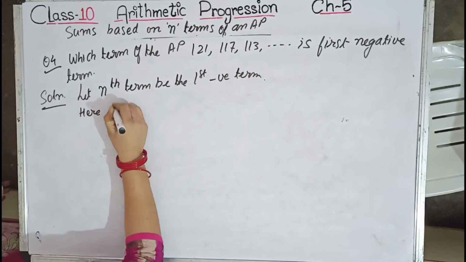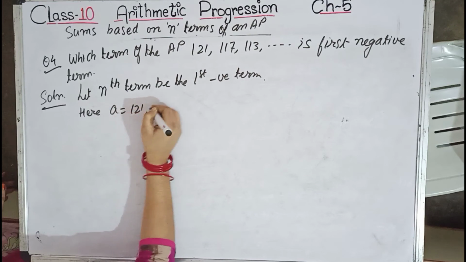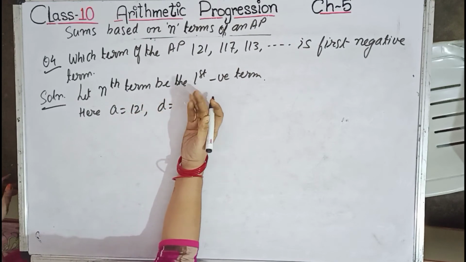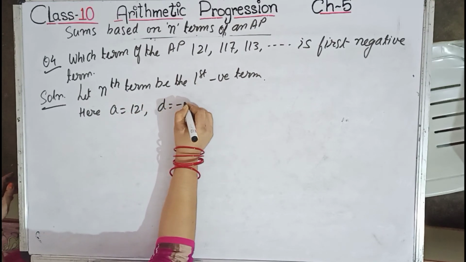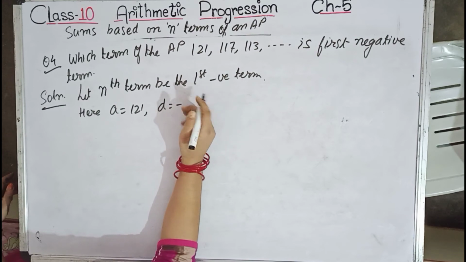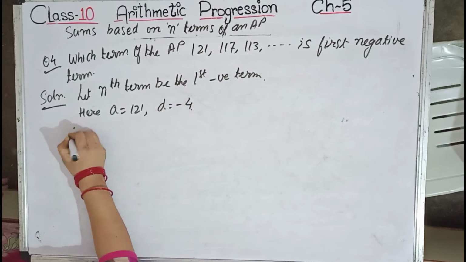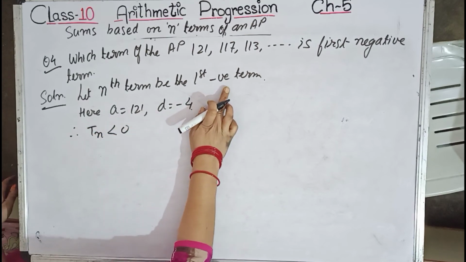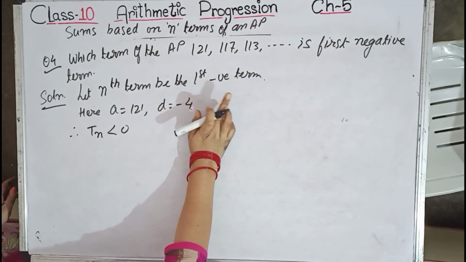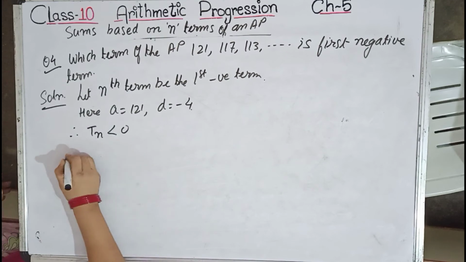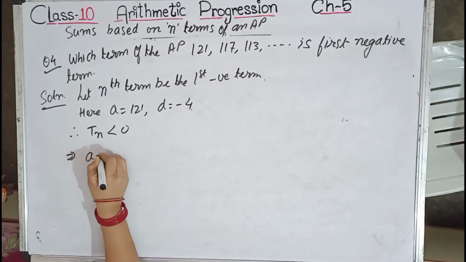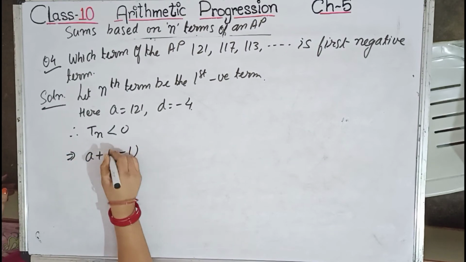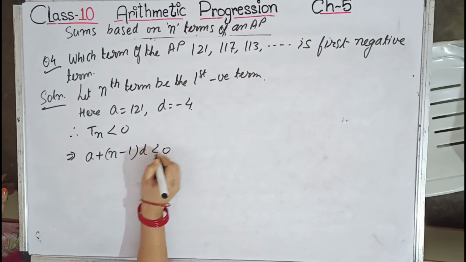Here a equals to 121 and d is equals to minus 4. Therefore Tn is less than 0 because the nth term is the first negative term. So Tn is less than 0 implies a plus n minus 1 into d is less than 0.